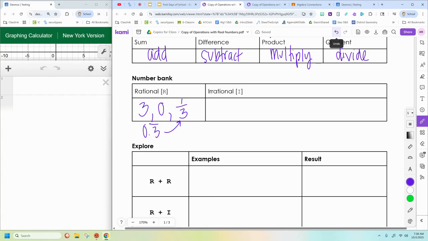All right, so irrational numbers that are good to play with. You can always use the symbol pi if you want to, but maybe some easier ones are going to be things like radicals, okay? So remember, a radical is what we sometimes just say square root. There are other types of roots, but if we look at the square root of 2, we know that's going to be irrational.